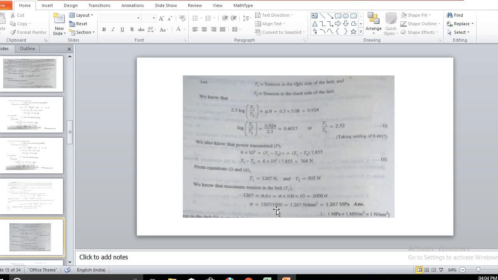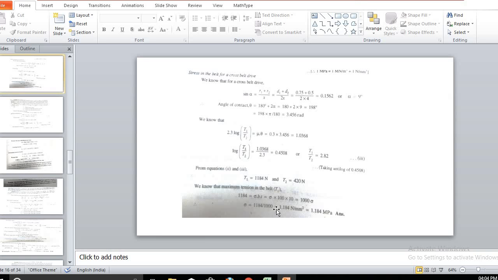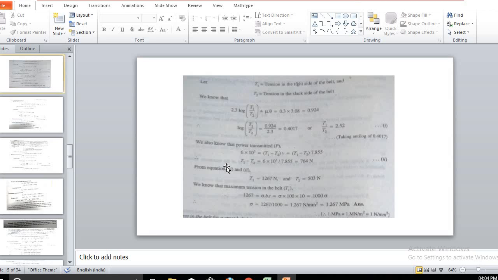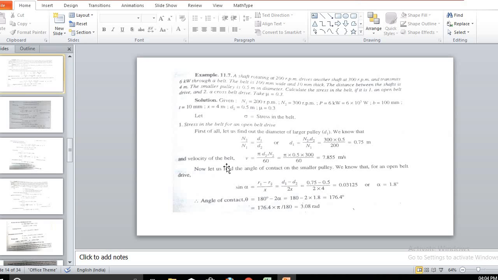For the crossed belt drive, theta is 180 degrees plus 2 alpha, and sin alpha equals (R1 plus R2) by x. First we calculate for the open belt drive: this alpha you can calculate, and then theta.